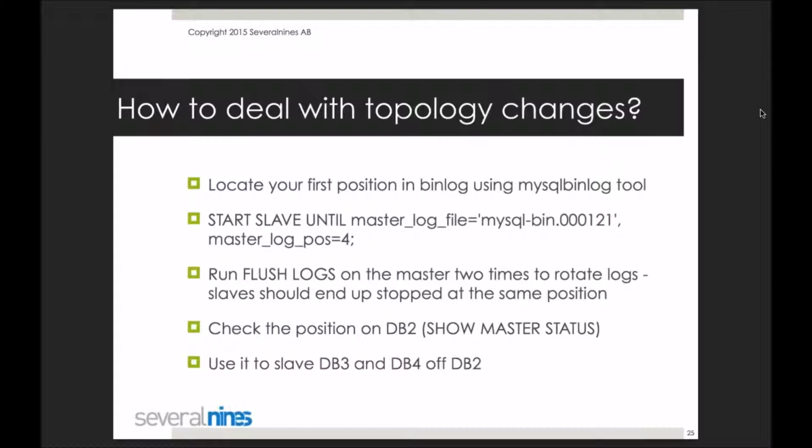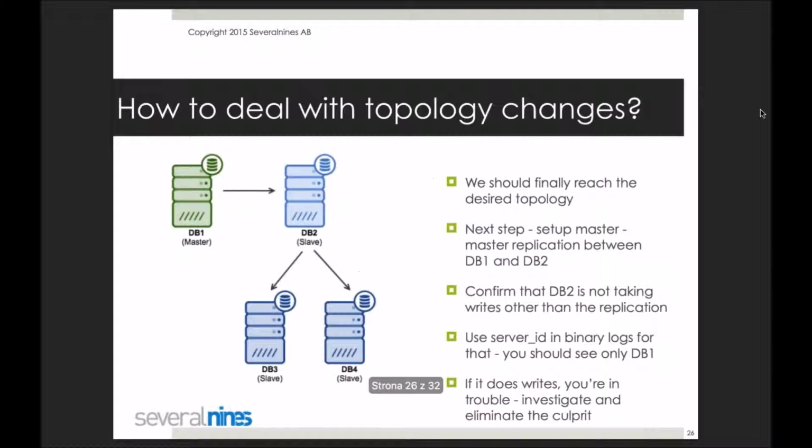And this is already a process in which you could make at least two or three mistakes, resulting in one of the slaves basically needing to be rebuilt. I've been there and I've done that, unfortunately, a couple of times. Then the rest of the preparation process will require setting up DB1 and DB2 master-master replication.